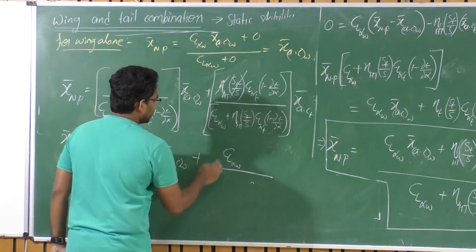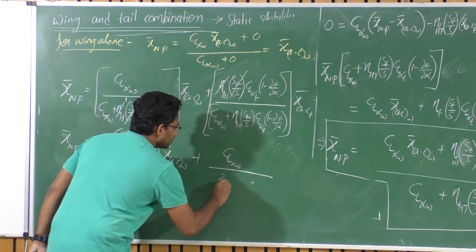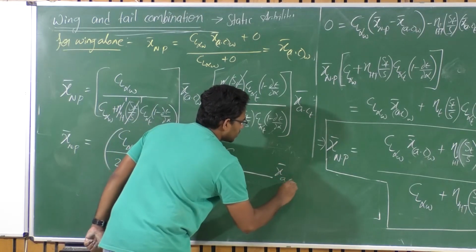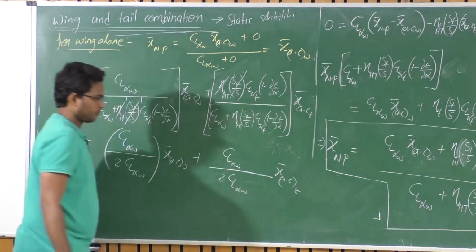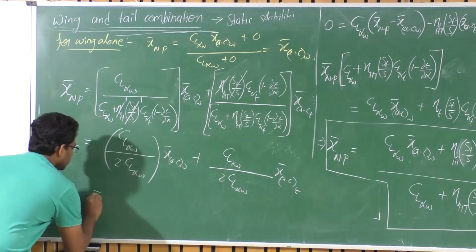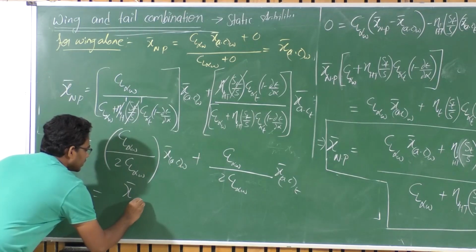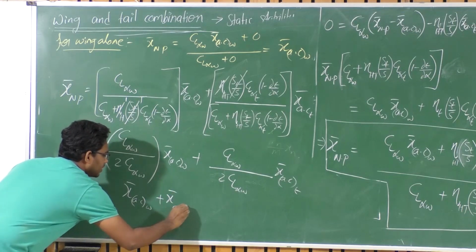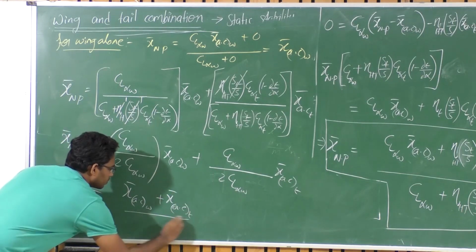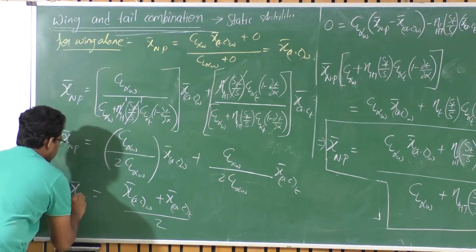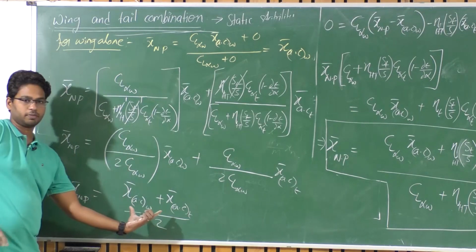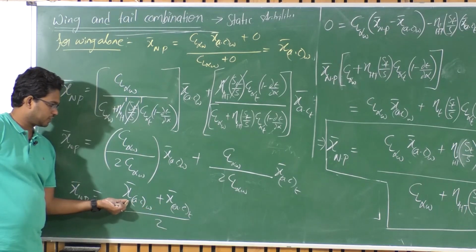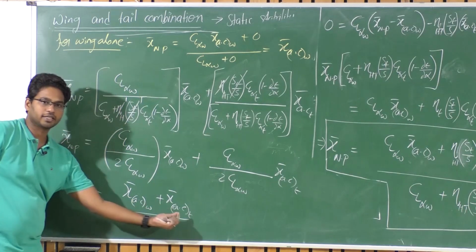Divided by, again, 2 times CL alpha of wing, times x bar AC of tail. So in this case, the neutral point is nothing but x bar AC of wing plus x bar AC of tail, upon 2. It is just the midpoint of separation.